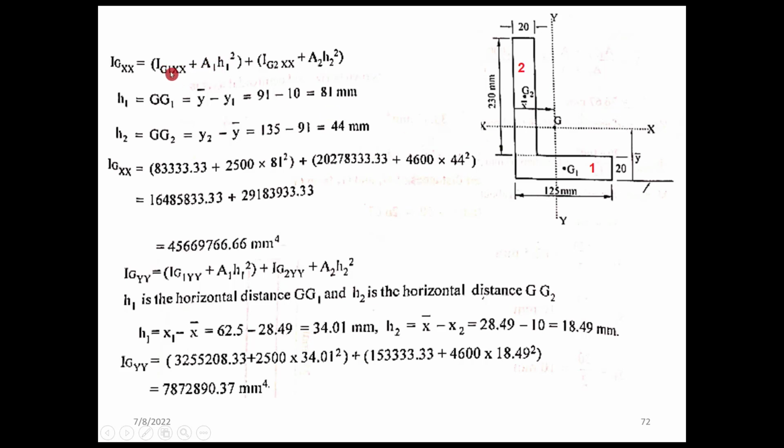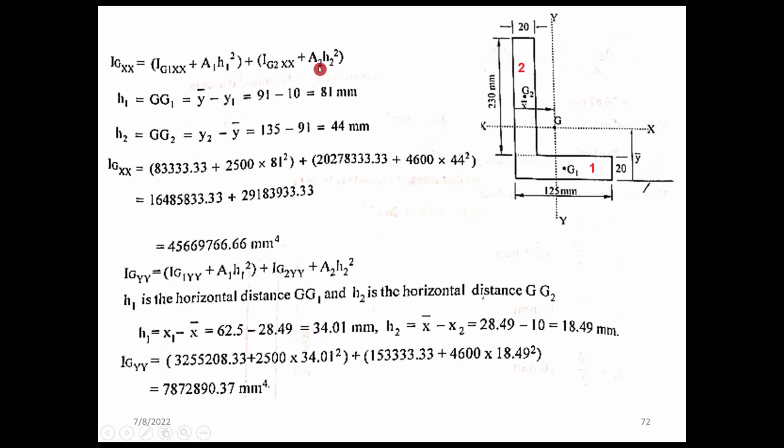This first bracket term is for the first area and the second one is for the second area. This is the individual centroidal moment of inertia for the first area, and this is the individual centroidal moment of inertia for the second area.